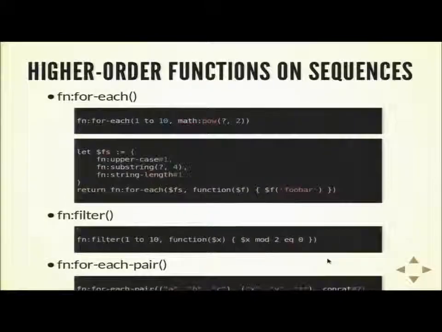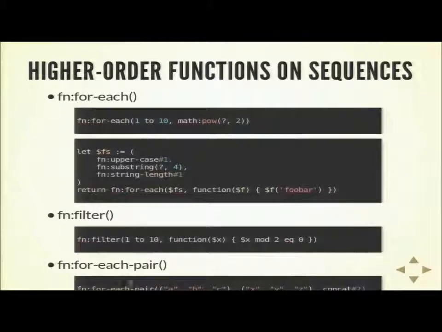In this case, it's going to concatenate. And each time it's going to take a pair of items from these sequences. So it's going to take the A and the X, and it's going to concatenate them. It's going to take the B and the Y and concatenate them, and the C and the Z and concatenate them.